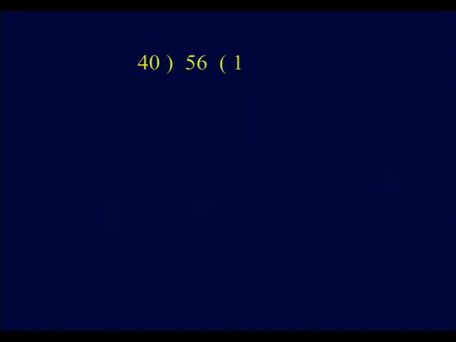If you divide 56 by 40, 40 ones are 40 and the remainder is 16. Here you can see 16 becomes the divisor, and the first divisor becomes the new dividend. So, divide 40 by 16. As we all know, 16 twos are 32, and the remainder is 8.